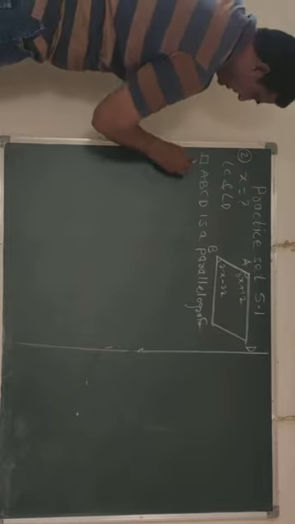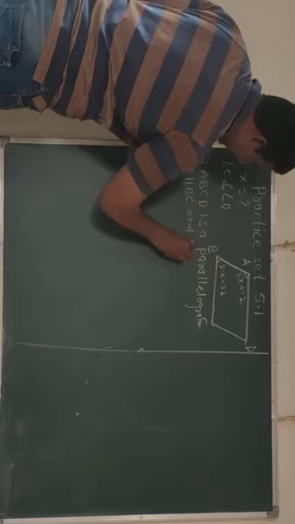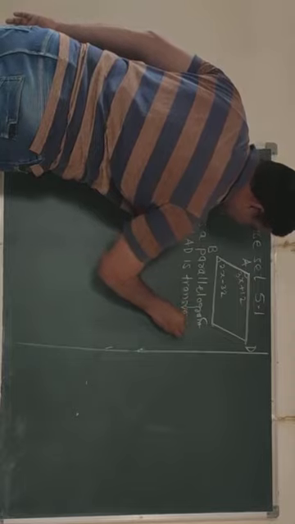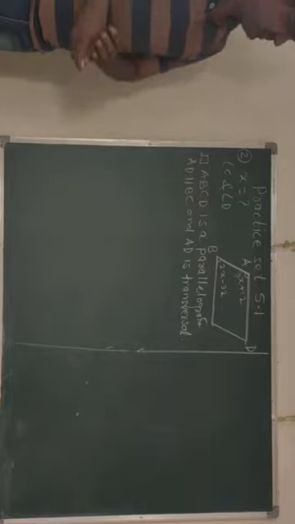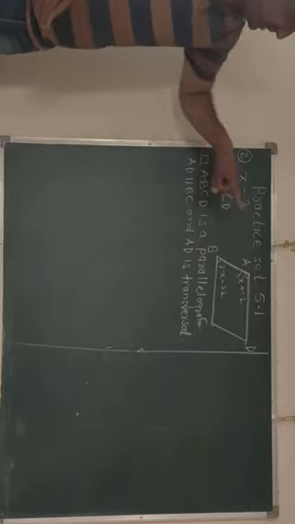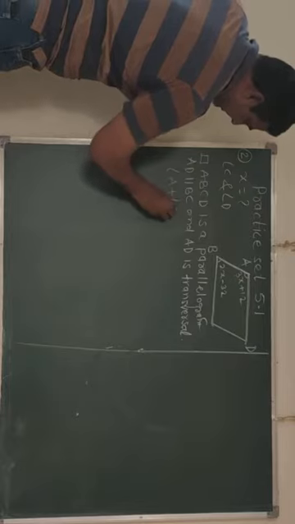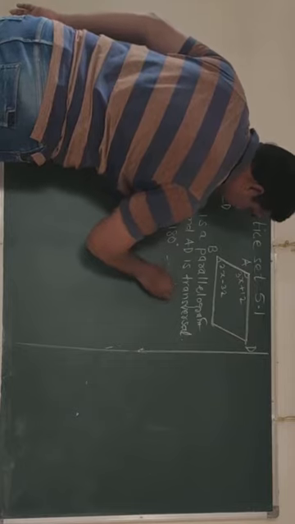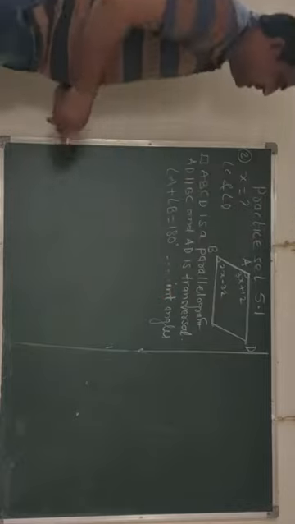So here AD parallel BC and AB is transversal. And in the chapter lines and angles, we already did: if lines are parallel, then these are interior angles, and interior angles are supplementary. Angle A plus angle B equal to 180 degrees.